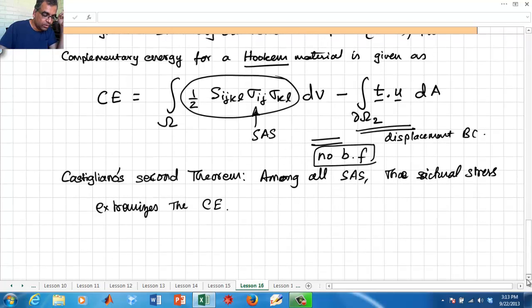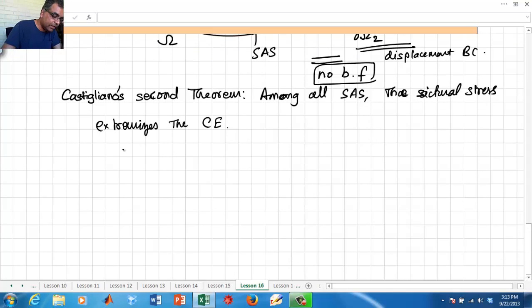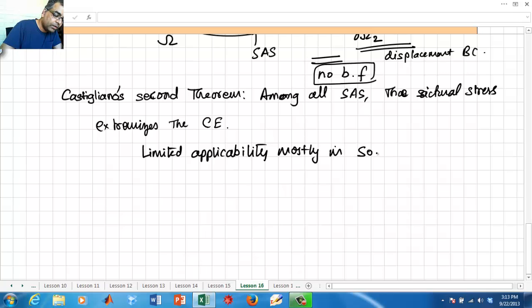Now this one has limited applicability, mostly in strength of materials. Right? That's why we do Castigliano's second theorem, right? The Castigliano's first theorem has much wider applicability than Castigliano's second theorem.